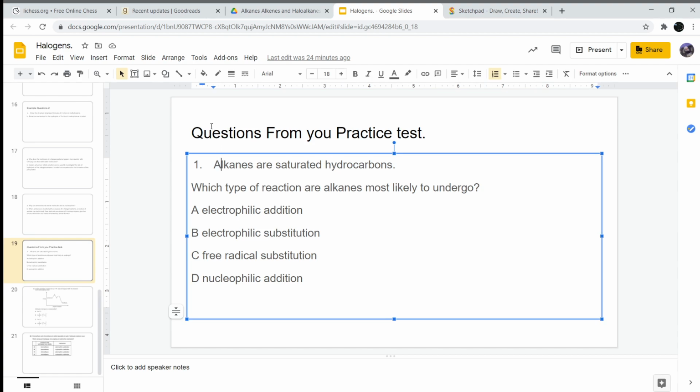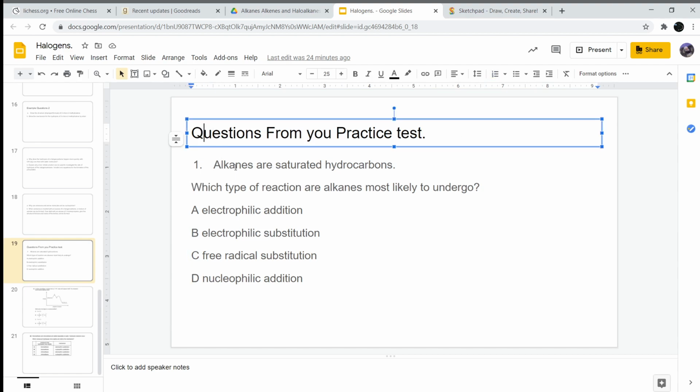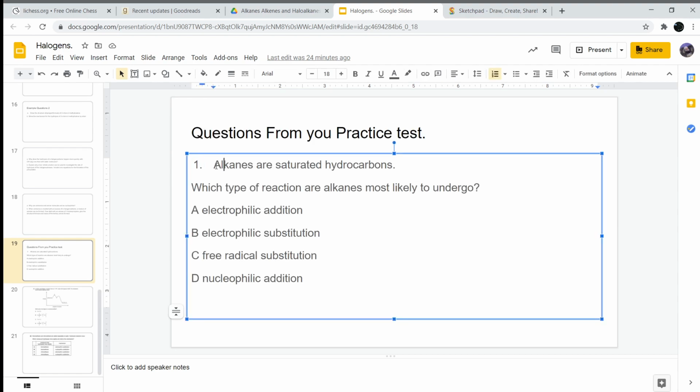Number 19 is going to be our first question that comes from the practice test. It's saying that alkanes are saturated hydrocarbons. Which type of reactions are alkanes likely to go through? So we know that it is saturated.